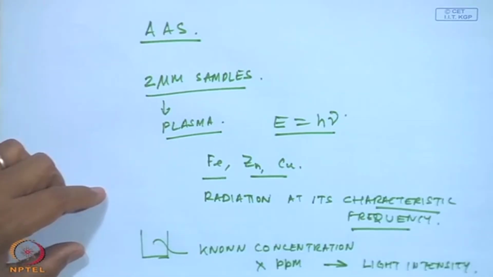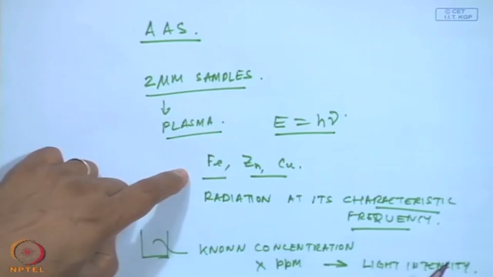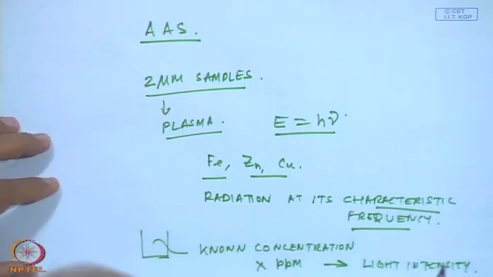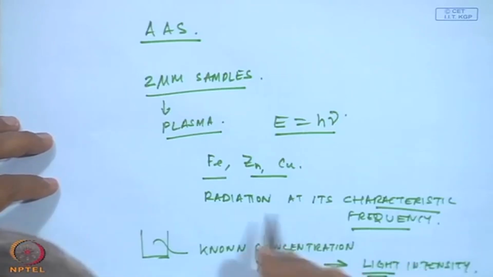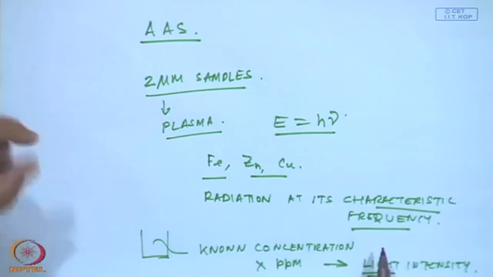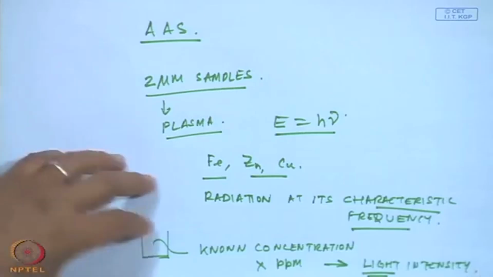Then I measure the unknown light intensity radiated out of this element, and by the unitary method find out what the ppm is. So, for the particular element I am trying to identify, I need to know its electromagnetic radiation frequency.